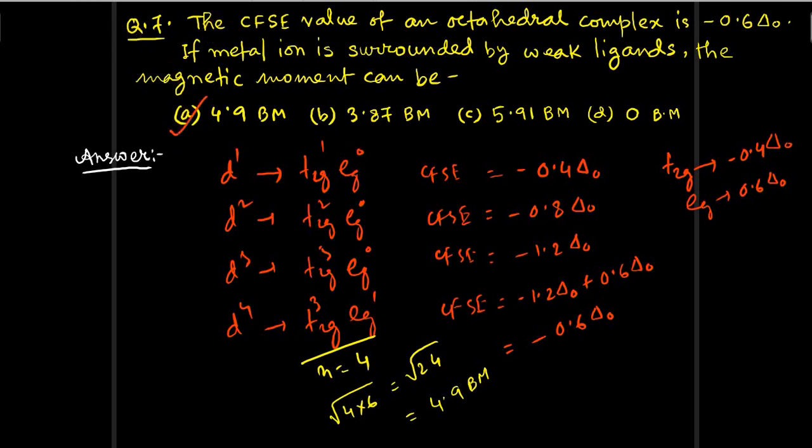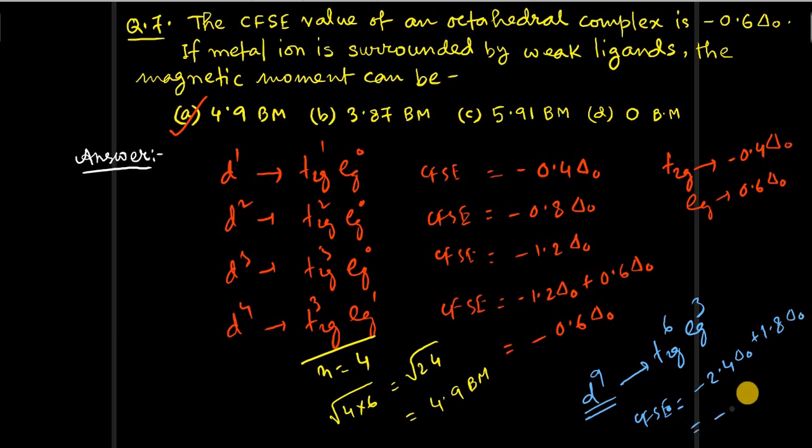If you check in this way, you will see if the configuration is d9. In d9 configuration also, it is t2g6 eg3, so CFSE 6 into minus 0.4, that is minus 2.4 delta O, and 3 into plus 0.6, that is 1.8 delta O. So the value is again minus 0.6 delta O here, CFSE value.